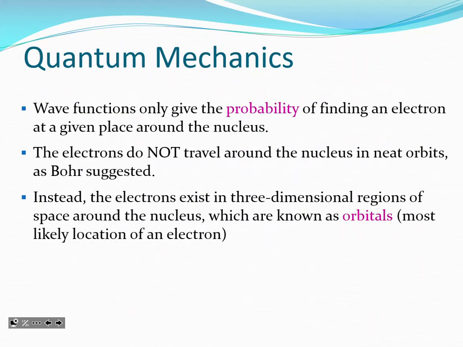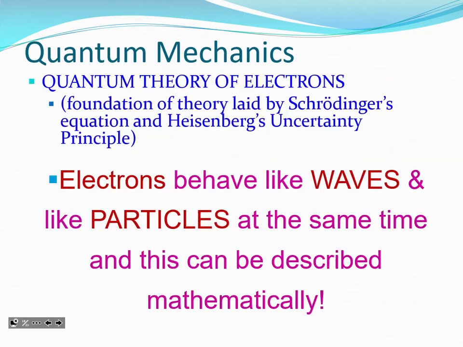So when we put an electron in an orbital or in an electron configuration, we're basically assigning it where it's going to be 90% of the time around the nucleus. And they don't go around the nucleus in fixed orbits as Bohr suggested.